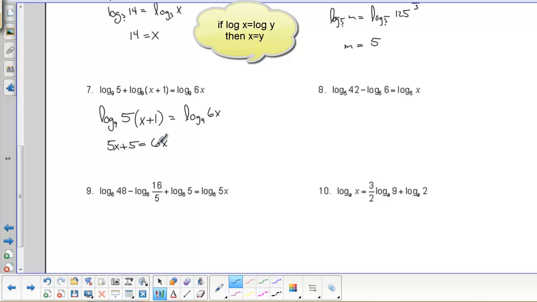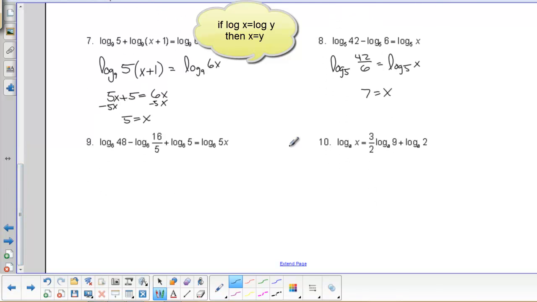And now I'm going to solve for x. Over here, I'm going to use the quotient property. Log base 5 of 42 divided by 6, which is 7, equals log base 5 of x. So drop your logs, and 7 equals x is your solution.